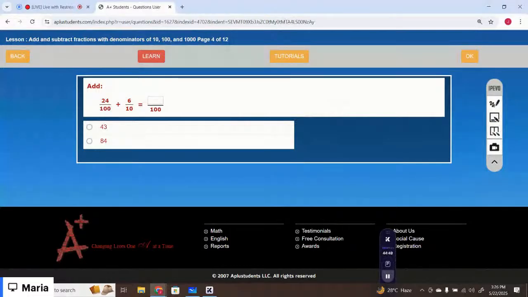That is 84 over 100. Option number two is the correct option. That is 84.